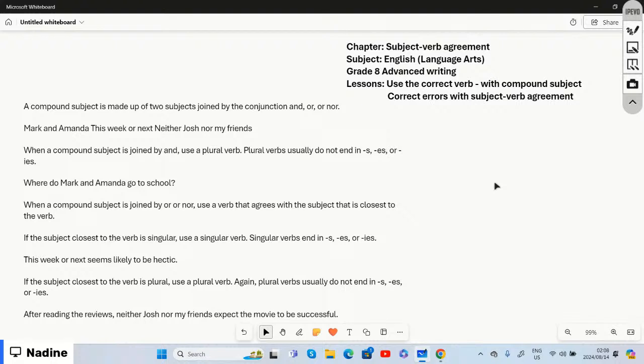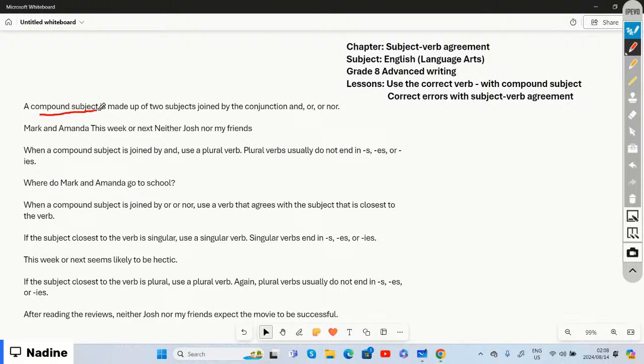So a compound subject is made up of two subjects that are joined by a conjunction, which is either and, or, or nor.